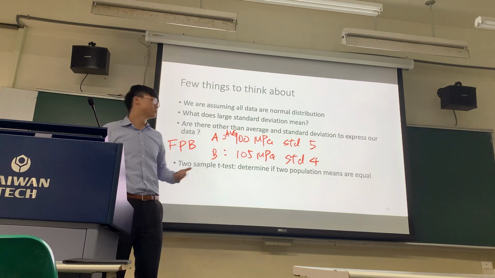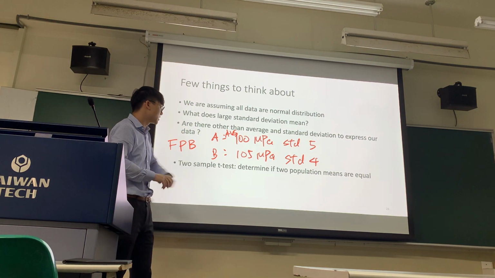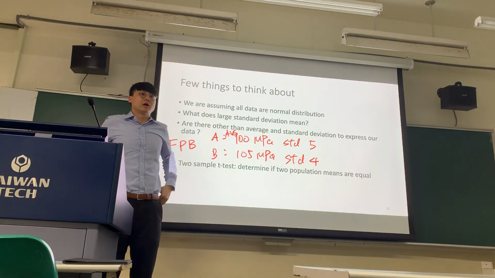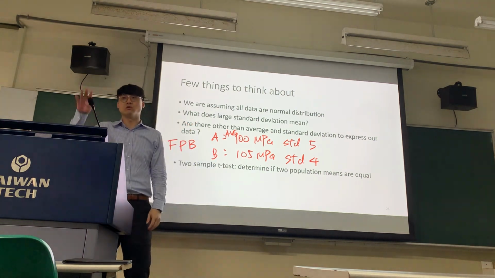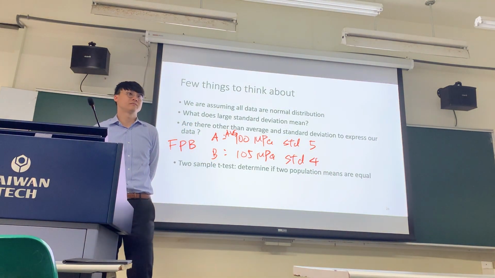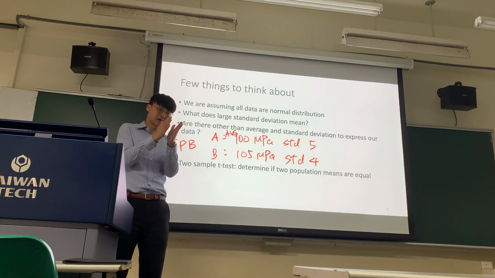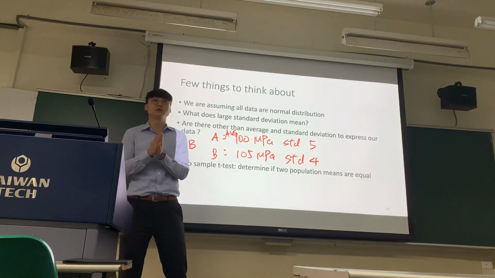So in the conclusion, he announced that this is better because this has 105 MPa, and the standard deviation is 4.8. Right? So it's very tight. It's a very tight range. If the standard deviation is smaller, it means tight.